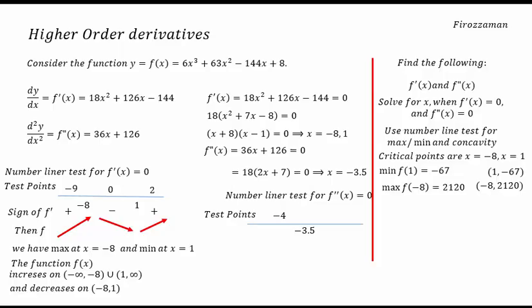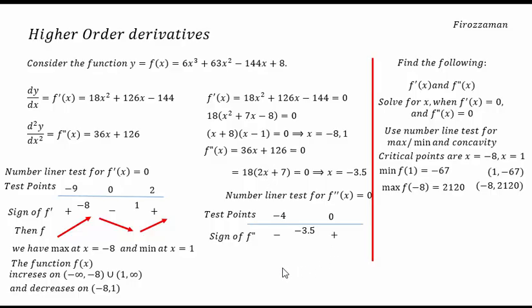So -4 on the left side of -3.5, and on the right side we can take 0. Now we check the sign of the second derivative. So the second derivative, as you remember here, 18 times (2x + 7). So when you plug -4 for x, you can see clearly this answer is negative. And when you plug x = 0, it is positive.